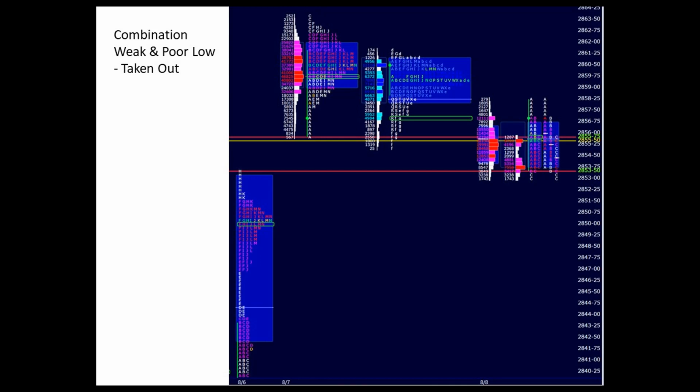The market rallies and then it comes back down in C period, takes those out, takes out the weak low, leaves a single tick buying tail. It takes 2 ticks to make a buying tail, and then the market rallied for a good remainder of the day. It wasn't a particularly strong rally and it didn't have a lot of follow through, but from this period on, the market did rally.